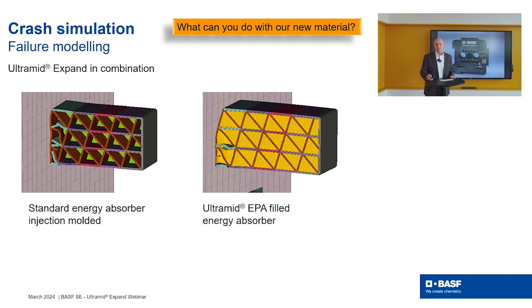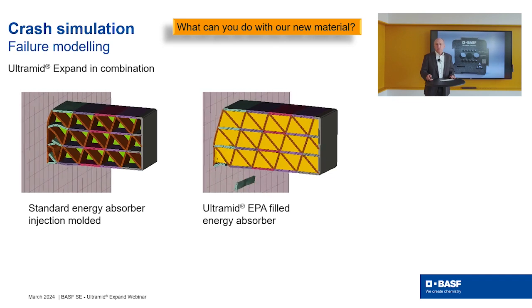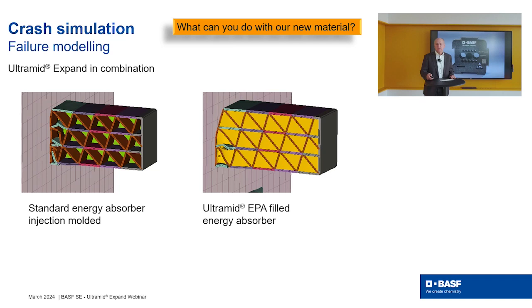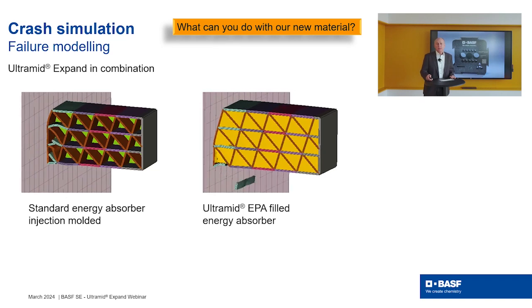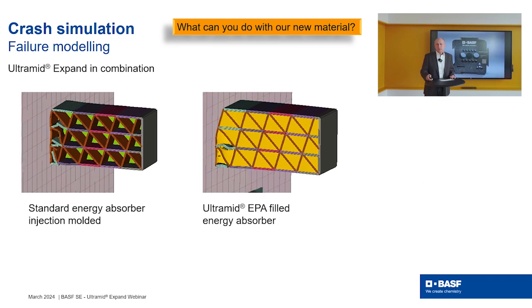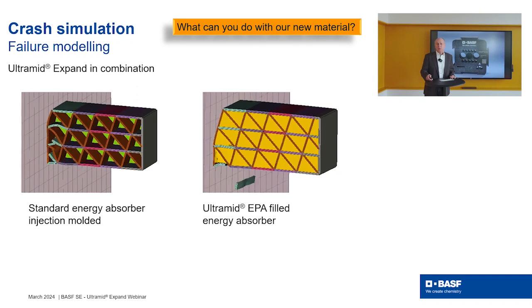But you can also use Ultramid Expand as a combination. So this here shows a combination with injection molding. On the left side you see an energy absorber. This is a patented structure which is basically serving energy and conserving energy and absorbing energy. And on the right side you see the same structure which is filled with our Ultramid Expand foam.